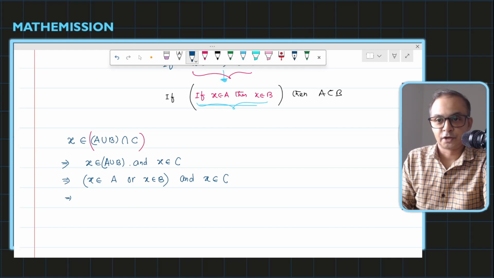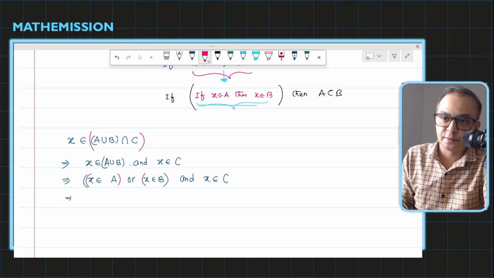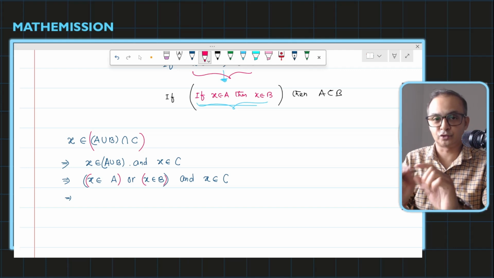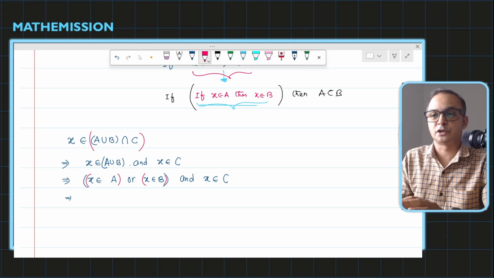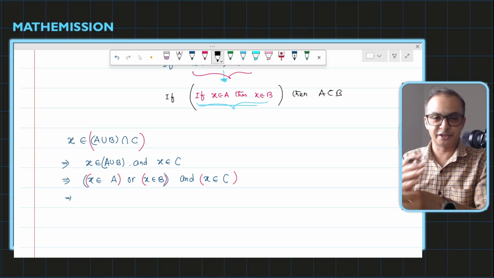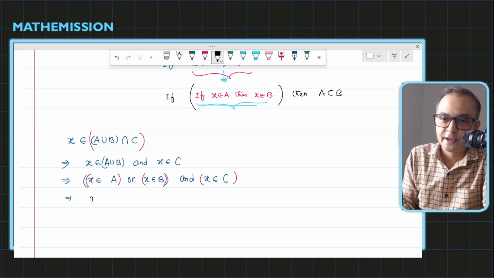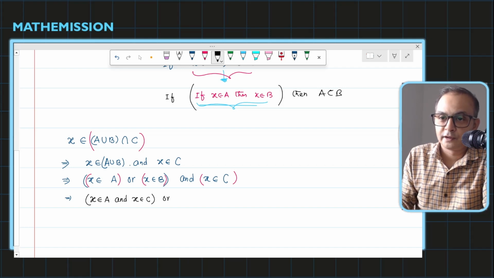So basically it is x belongs to A one statement, x belongs to B one statement. We are using this or to combine them, and there is one statement with x belongs to C here. So I'm going to again distribute this and over or. So how do we do that? We write x belongs to A and x belongs to C, or x belongs to B and x belongs to C.